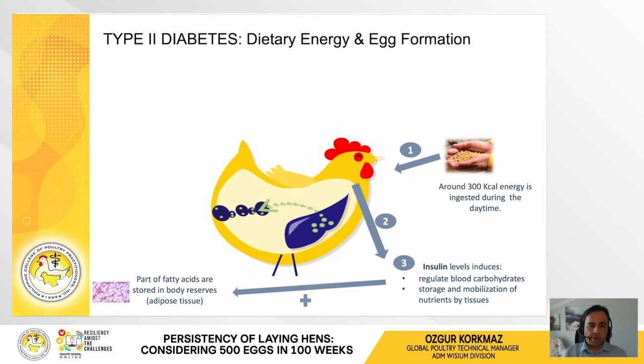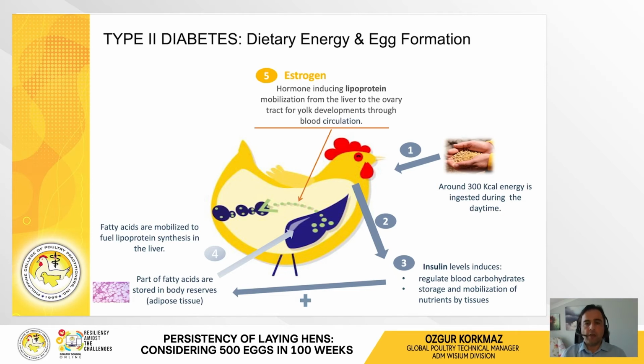Part of the fatty acids are stored in body reserves in the adipose tissue, and these fatty acids are mobilized to fuel lipoprotein synthesis in the liver. By the way, lipoproteins let fat move throughout the body, and they are made of protein and lipid molecules.